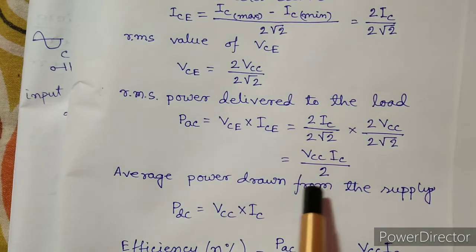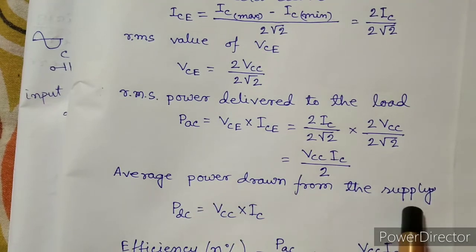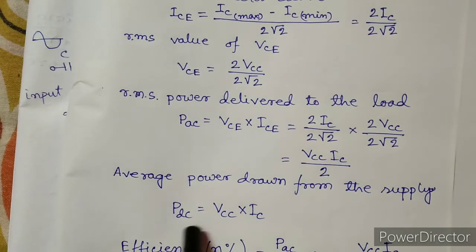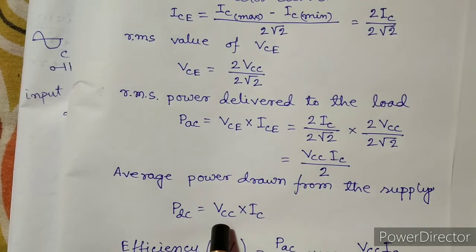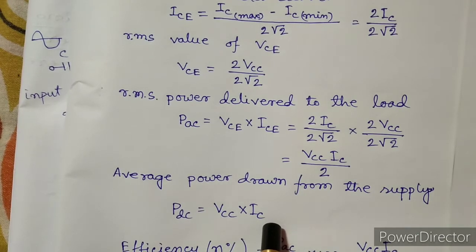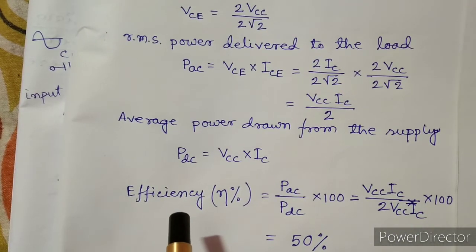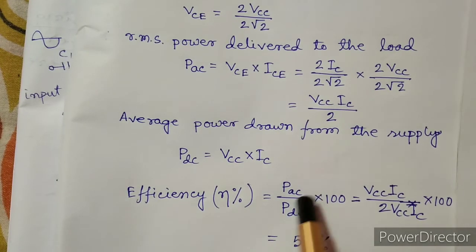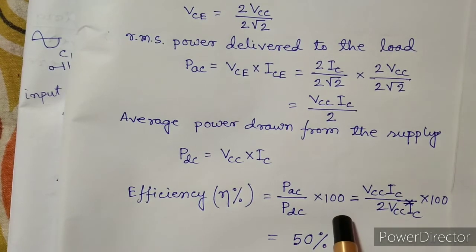and the average power drawn from the supply is PDC, that is the supply DC value VCC into IC. Now, for efficiency calculation, the efficiency we can get by output power PAC divided by the supply power PDC, into 100.